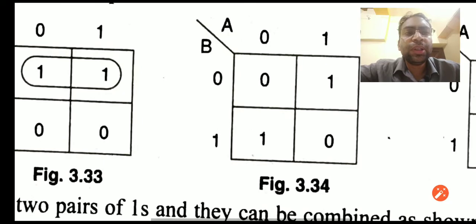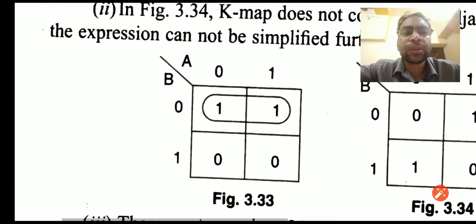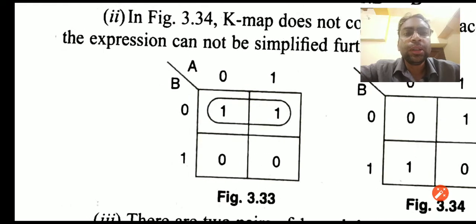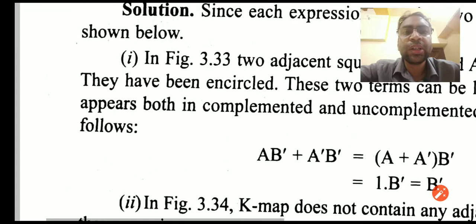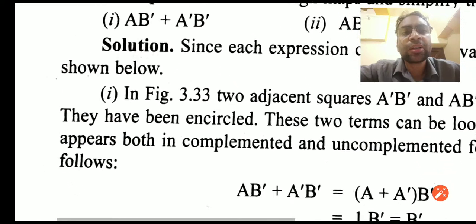This is the Kmap for the given expression, figure 3.33, and as we have already told you, we need to mention 1 for the squares whose minterms are present in the Boolean expression. As we can see, we have a bar b bar and ab bar, 2 terms.